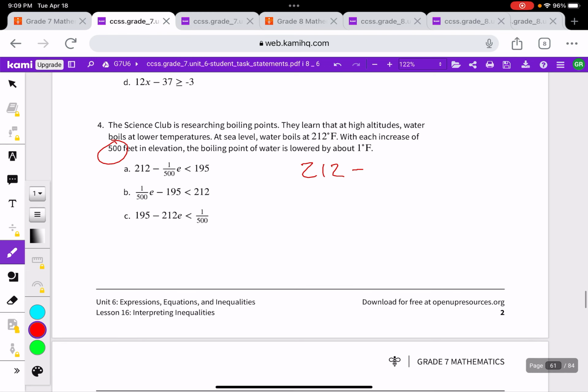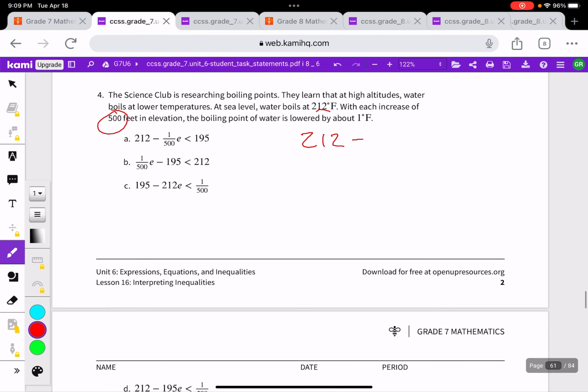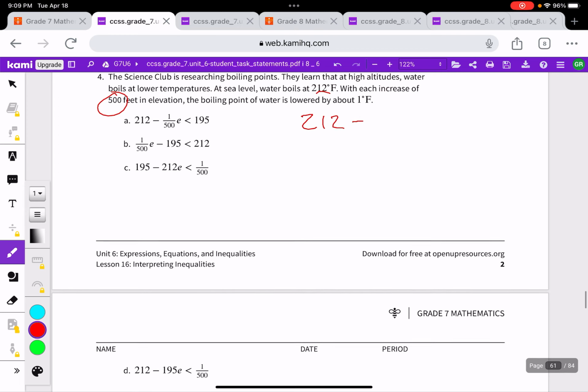And they're giving me the numbers here, 500, 212. So far, that's always been on the left side of the equation. In this case, it's going to be 1/500. So right now, A has both of them on the left side of the inequality, of the less than sign. And A is kind of the only one that does.